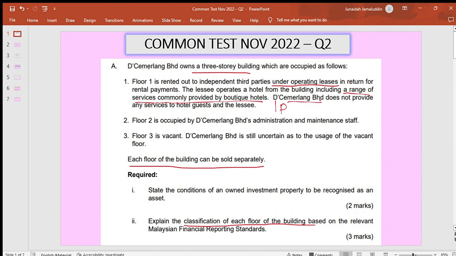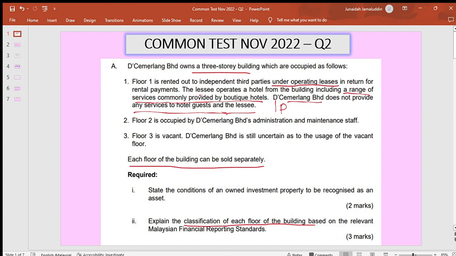However, Cemerlang Berhad, the owner of the building, does not provide any services to hotel guests and the lessee. So in this situation, it's not the owner, Cemerlang Berhad, that operates a hotel at this floor. It is the lessee. The lessee is the one that operates a hotel at this floor. Therefore, the building can still be classified as an IP.